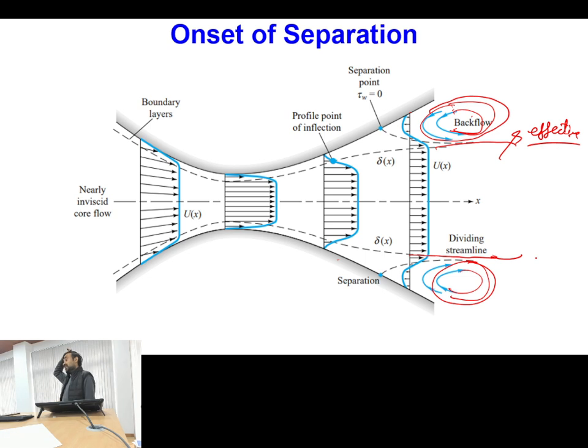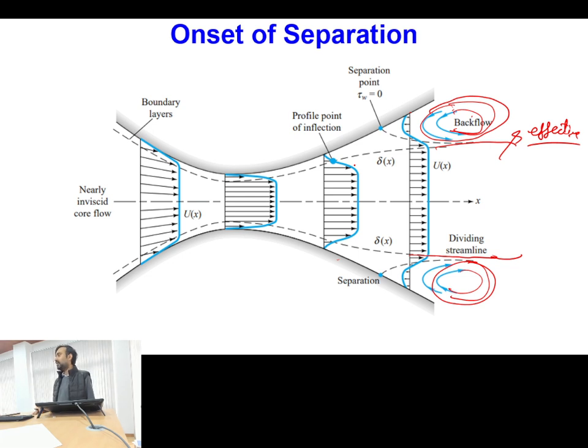This is the reason that if my angle of divergence is very high, then the separation point will come very early. This is why, in the Venturi meter, which is also nothing but a converging section, a constant section, and then a diverging section, the angle of the diverging section is not kept beyond 6 to 7 degrees.